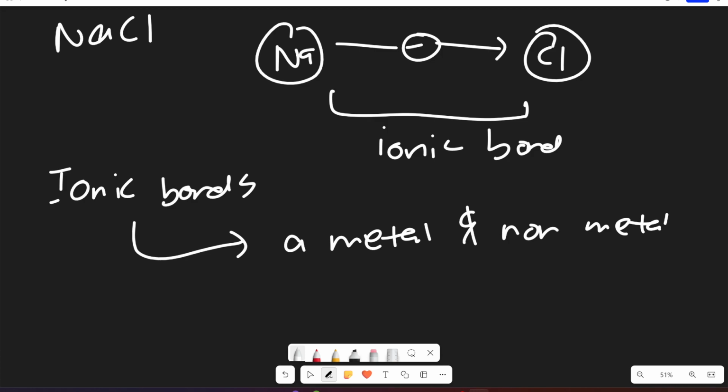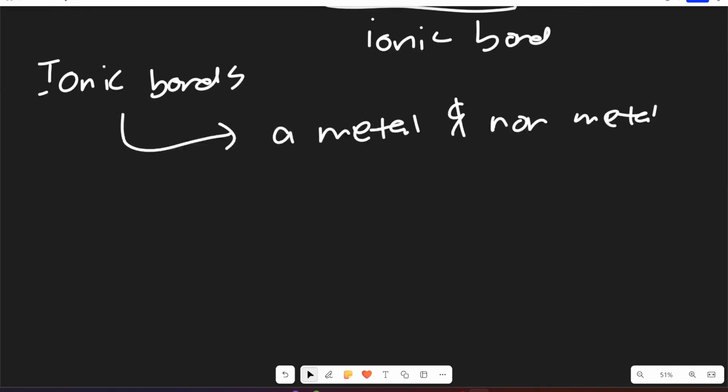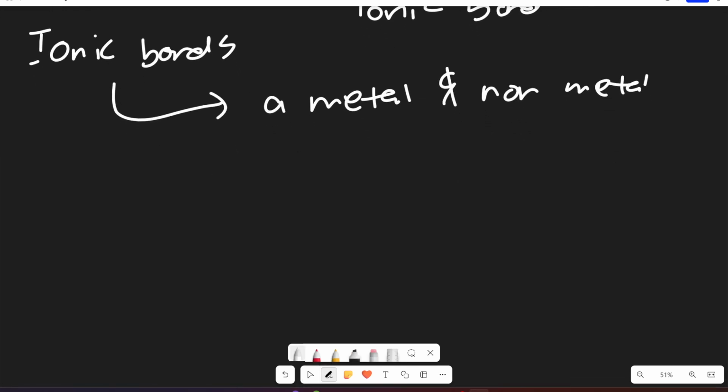And then the other type of bond that we'll cover is something called covalent bonding. So covalent bonds. And this is between two nonmetals.